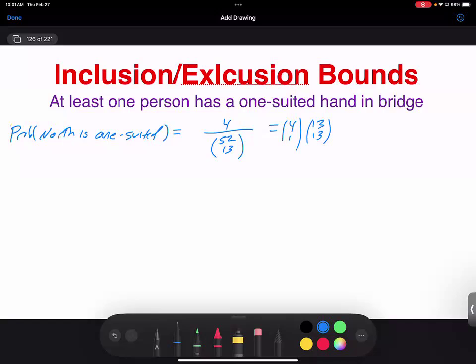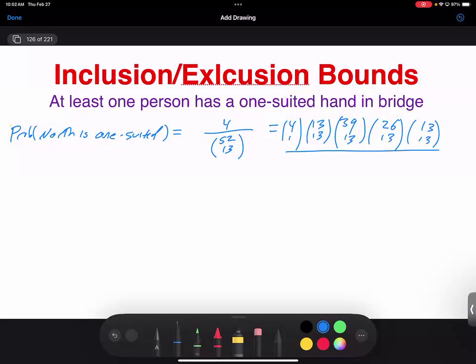Now, how many cards are left? 39. And so I have to choose 13 cards for the next person: 39 choose 13. Now there's 26 cards. I choose 13 for the next person. And now this would be the same as how many ways I can create hands.